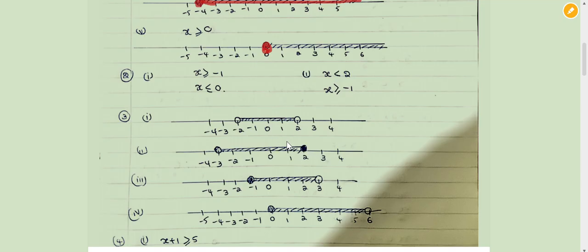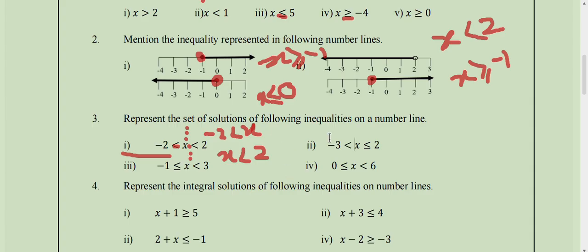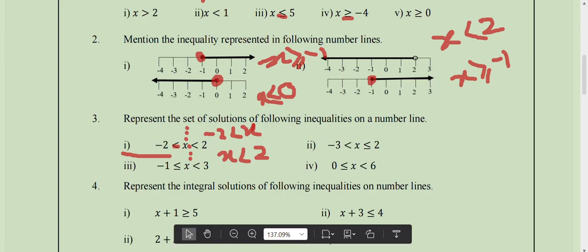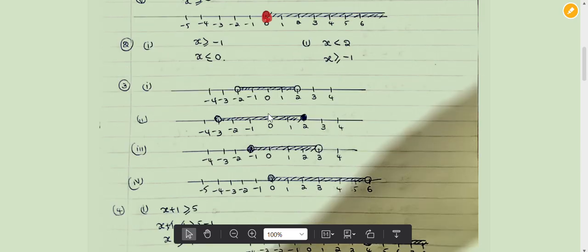But you should firstly understand about this solution. Okay, so x is greater than minus 3 and x is less than or equal to positive 2. Okay, and now look at that.